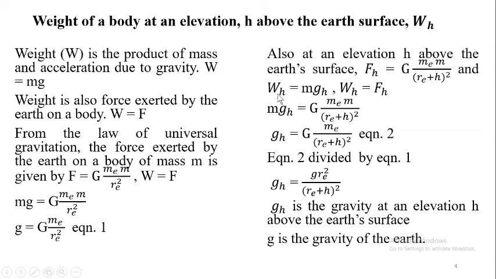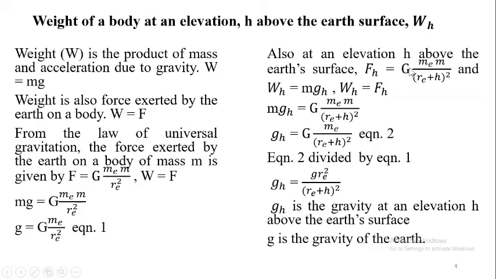To find the weight of a body at a height, you multiply the mass of the body with the gravity at that height. So if W_h equals F_h, then we can equate these two expressions together.